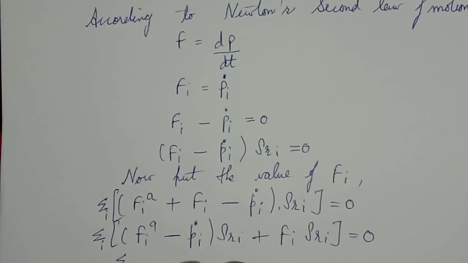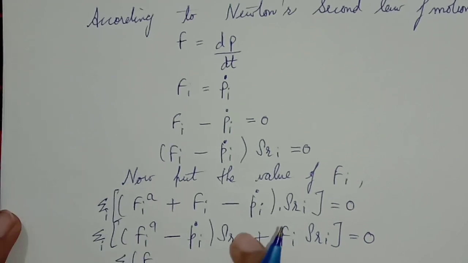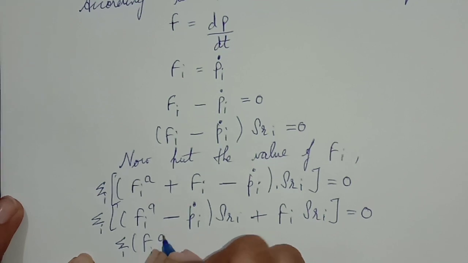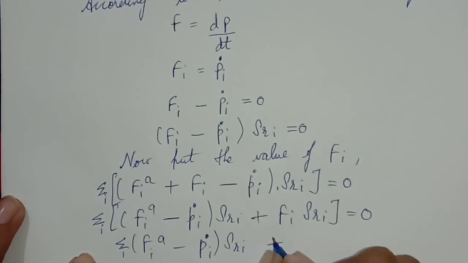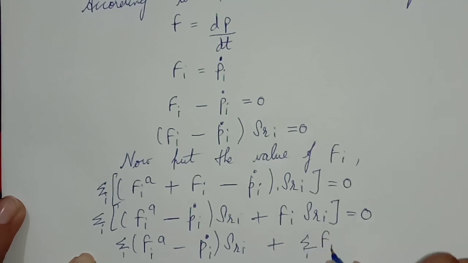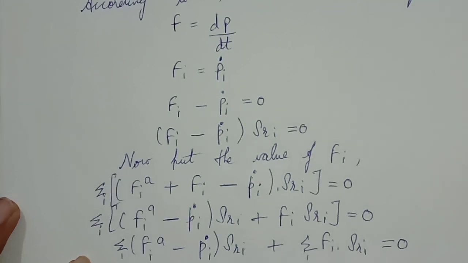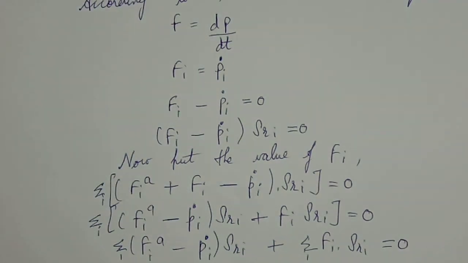So we can write summation i (Fia minus Pi dot) delta Ri plus summation i Fi dot delta Ri equals 0. Again, virtual work by the force of constraint will be 0.